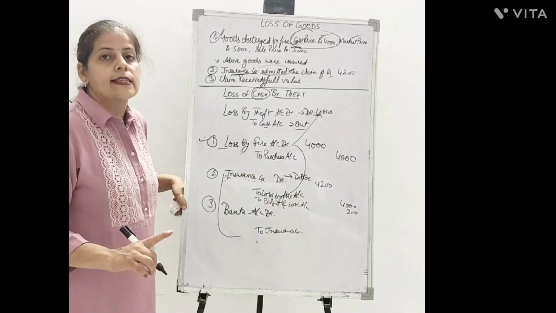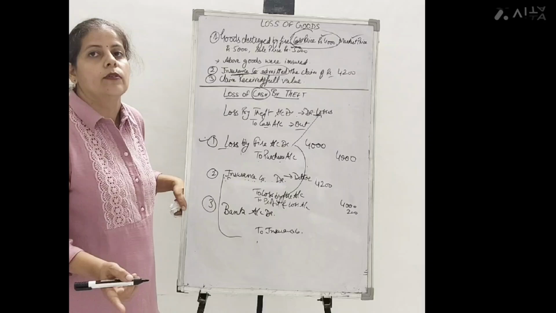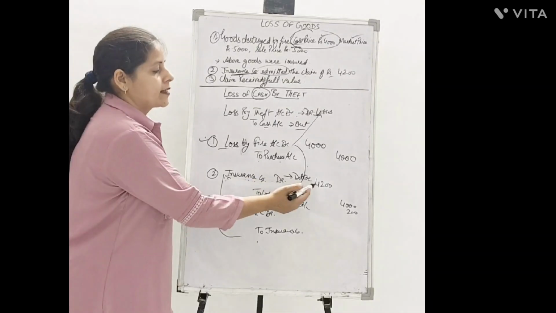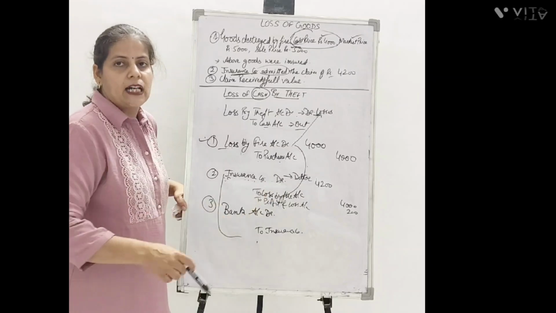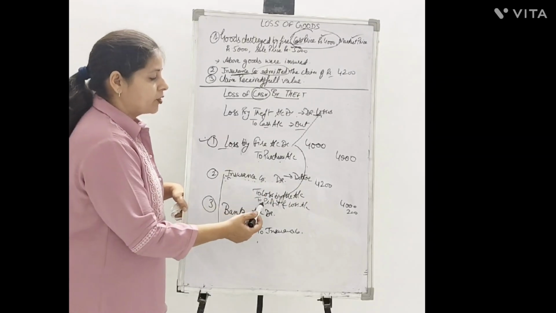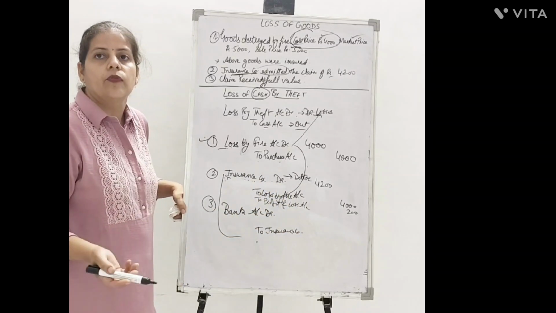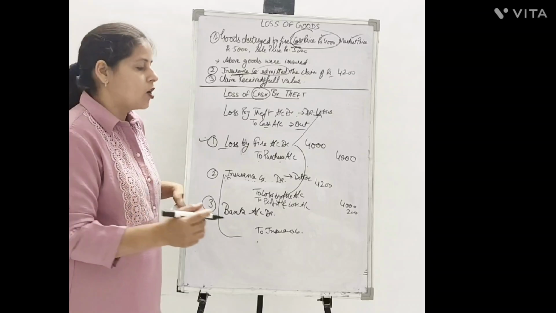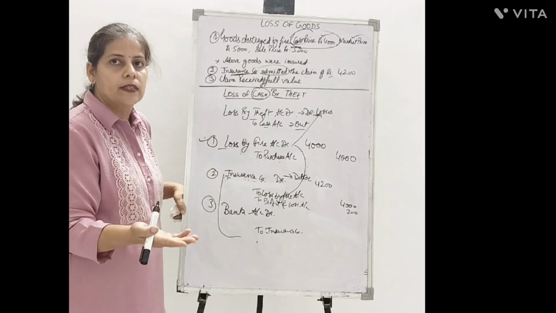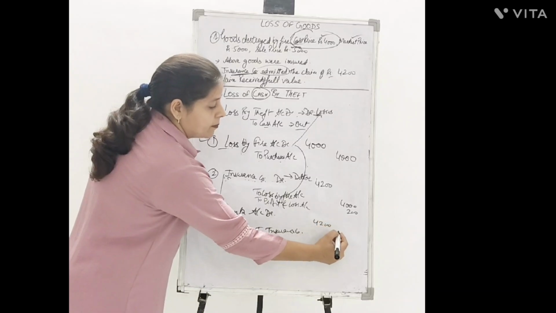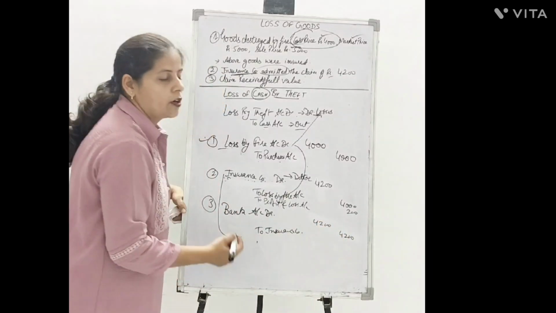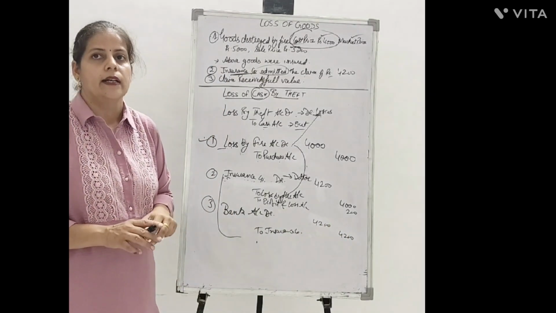Because of the dual concept, debit should always be equal to credit. The insurance company admitted the claim of 4,200, loss by fire was of 4,000. So the leftover amount has been transferred to which account? Profit and loss account. Now it has become income to the business with 200. So the insurance company paid me a cheque with the value of rupees 4,200 here.